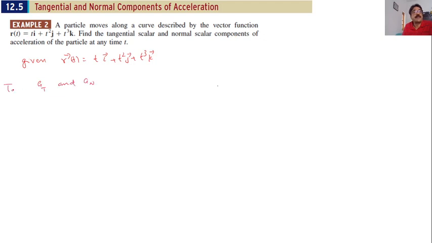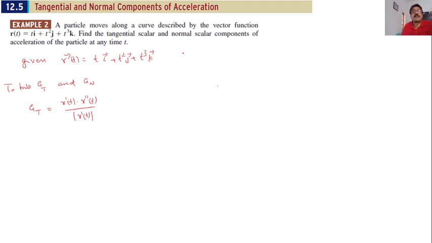To find a_t and a_n, we have the formula a_t is equal to r'(t) · r''(t) divided by |r'|. So to get this, we need to find r'(t) and r''(t).